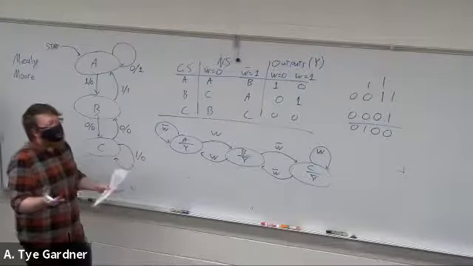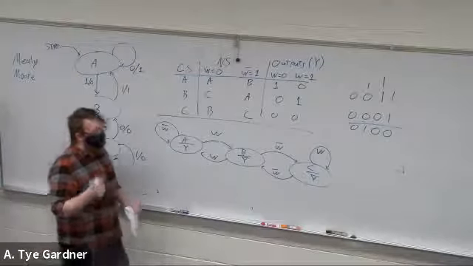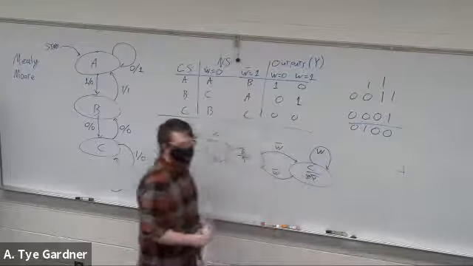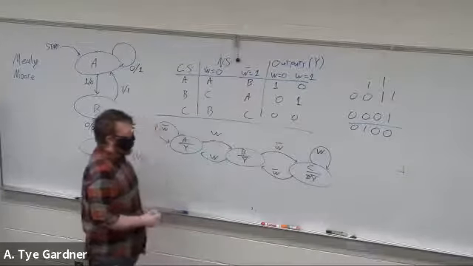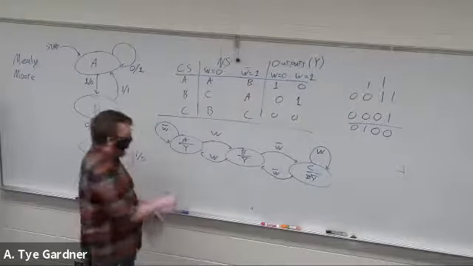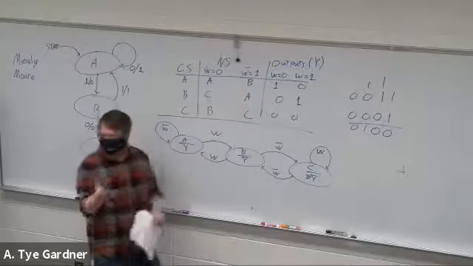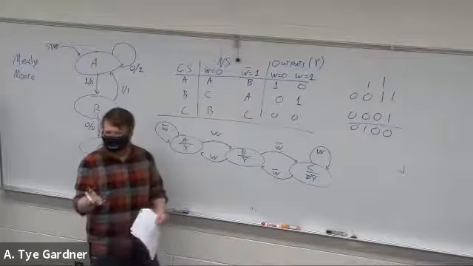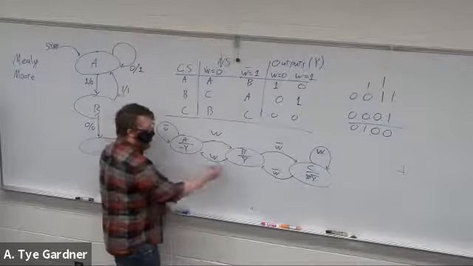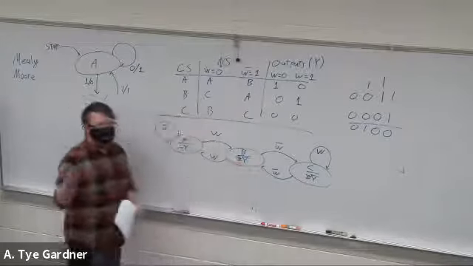So let's say I had a second output called Z. And let's say I only wanted to assert Z here. Well, there's two ways I could do it. If I needed Z to be 0 in A and B, then I would have to write not Z. If I don't really care what Z's doing in those other states, I could write don't care, or not Z, whichever one I wanted.